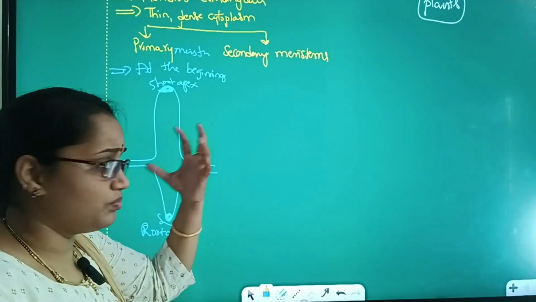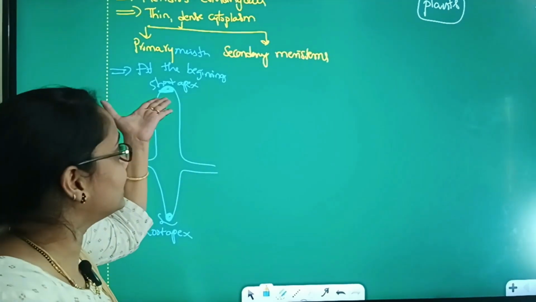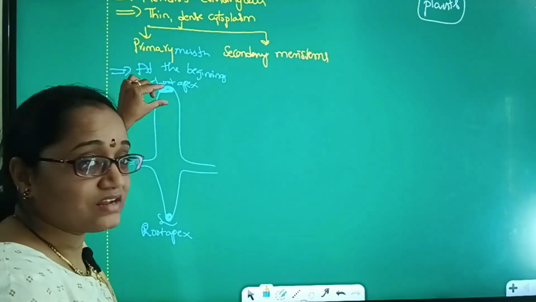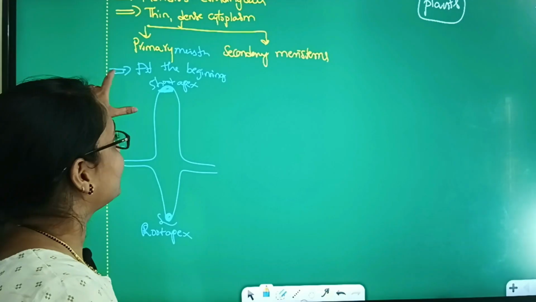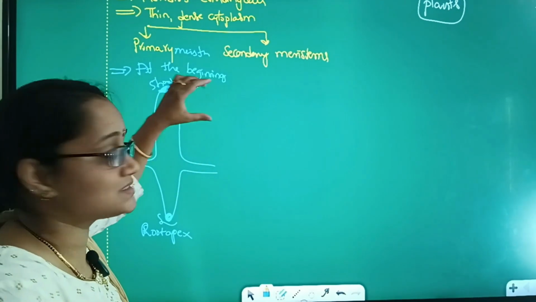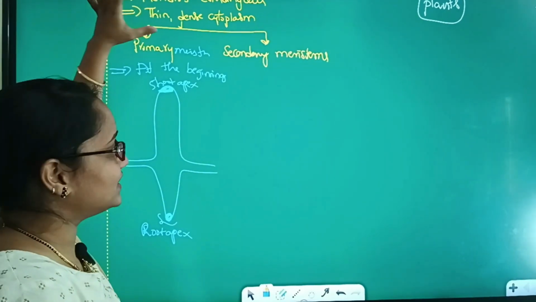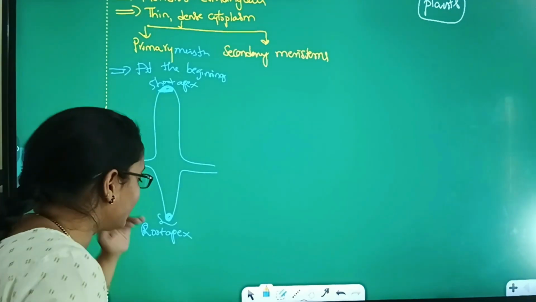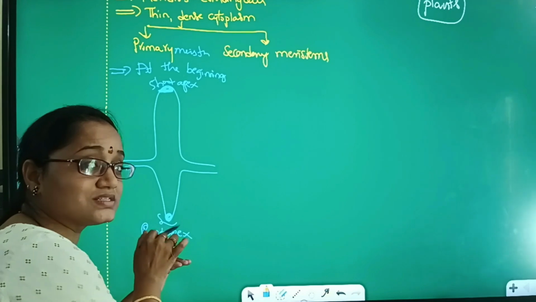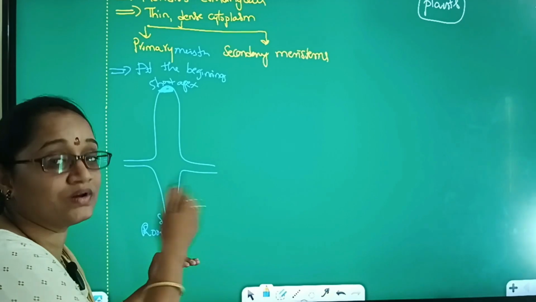Based on the availability of sunlight, hormones are going to reach here, and those hormones are going to activate the metabolically active cells called meristematic cells. Those primary meristematic cells get activated and show growth lengthwise in the shoot, that is, the stem. You come to the root, here also you have meristematic cells, and you may get a doubt that sunlight is not available here, so how are those cells going to get activated?